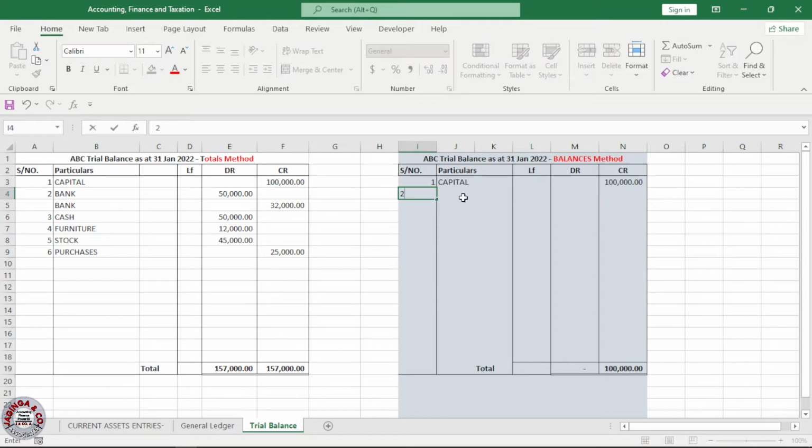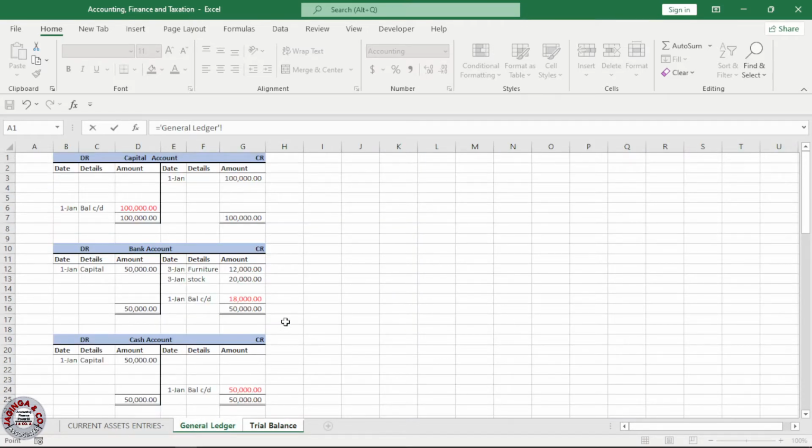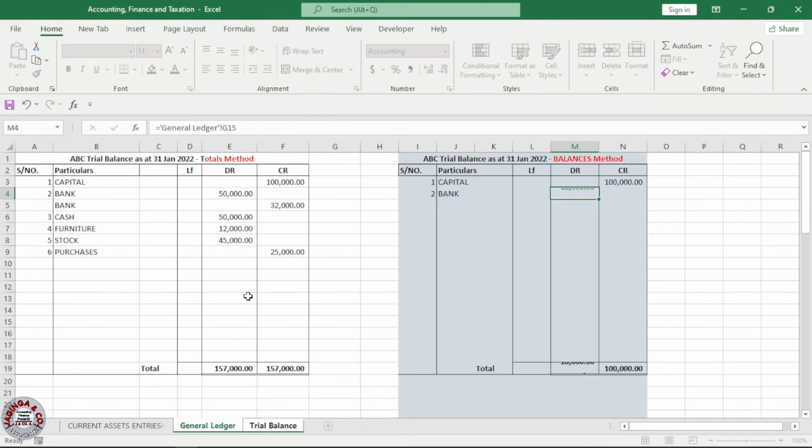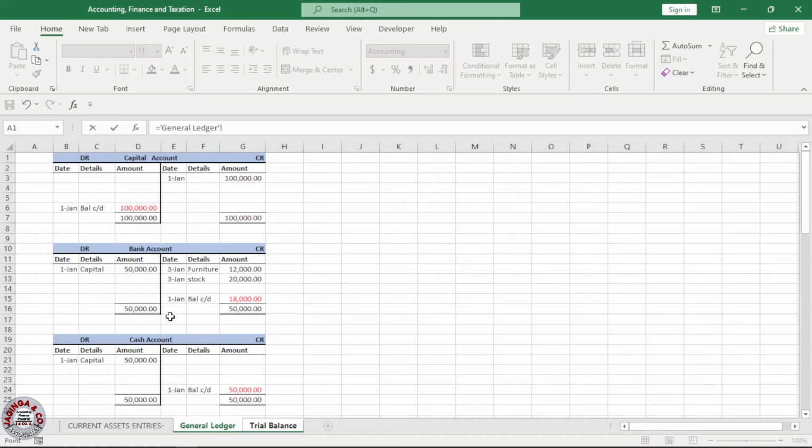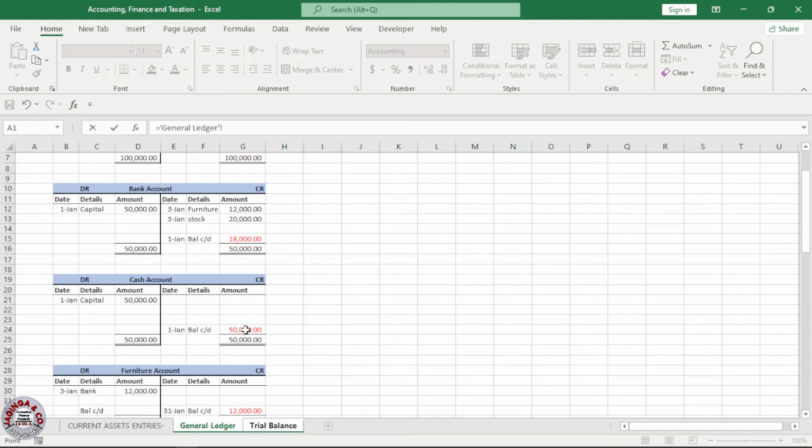So move to bank account. In bank account we have a debit balance of 3,000 because the debit side is more than the credit side. Then third, we have cash. Cash also has a debit balance of 50,000.